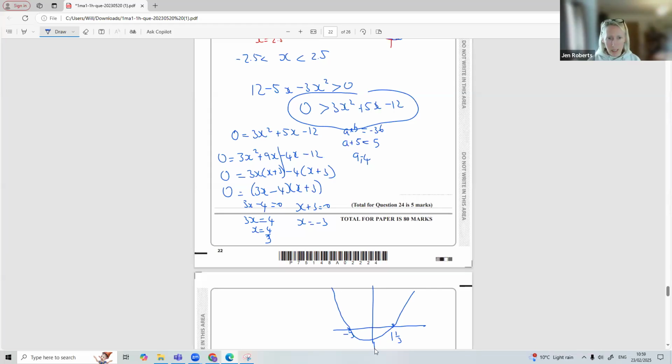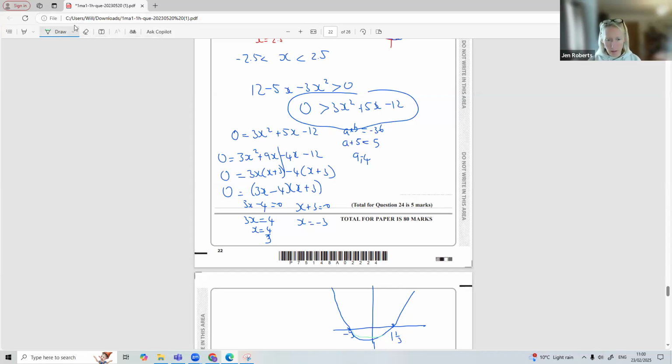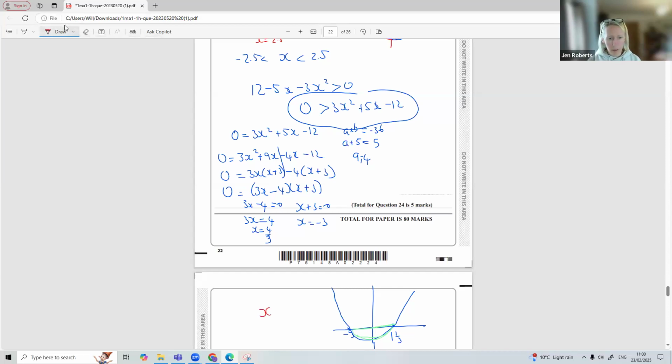We want to know when it's less than 0. So again, where is it below your x-axis? Yeah, so for all these values here. So x is, in this instance, between minus 3 and 1 1/3.